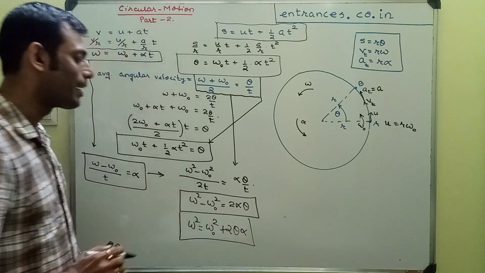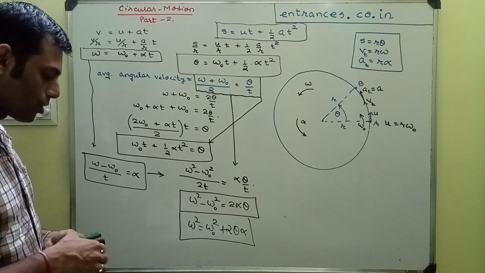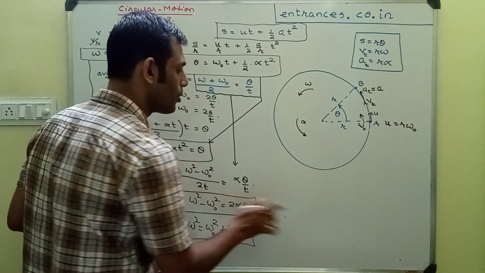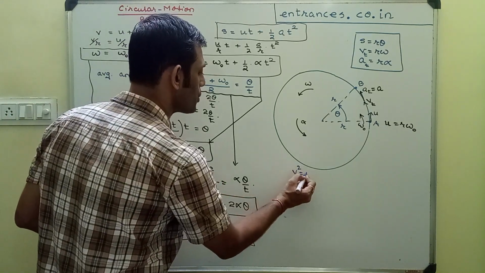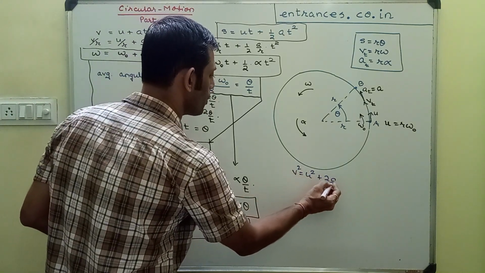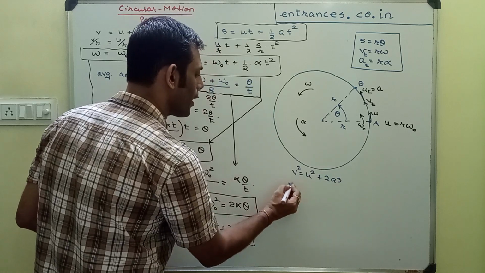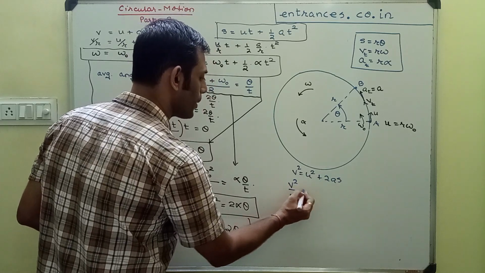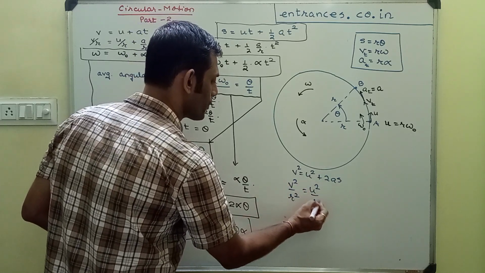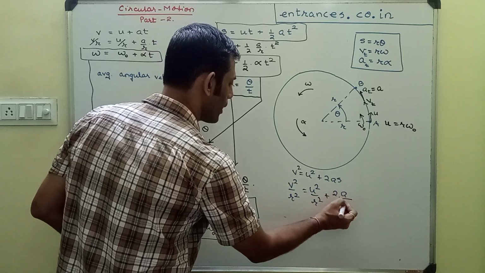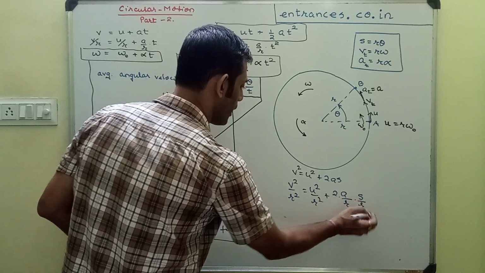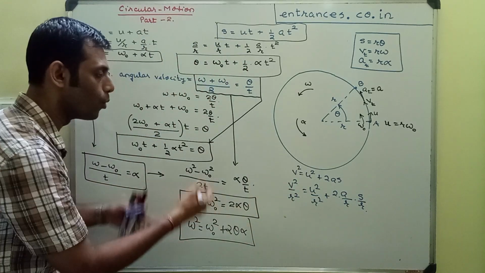I hope you can easily guess that this can be otherwise obtained from v square is equal to u square plus 2as. If we divide by r square on both sides, then we have 2 a by r, s by r, and then v by r whole square.